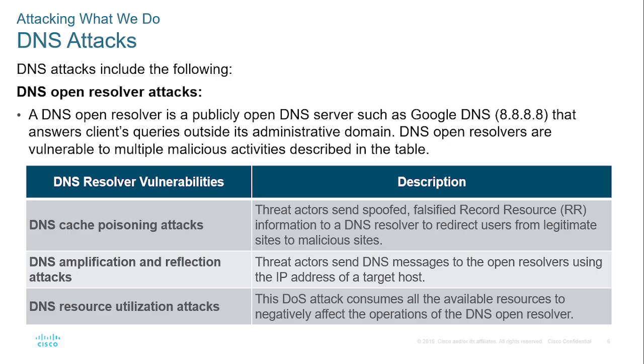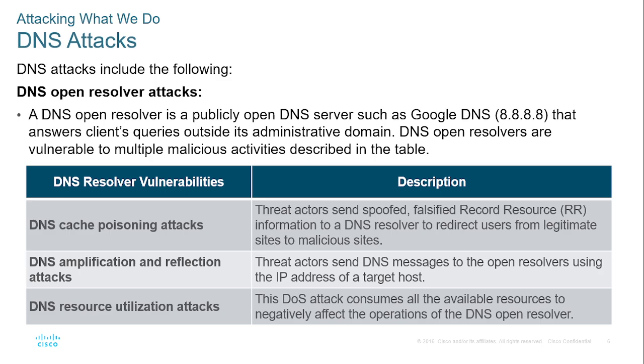And then we also have DNS amplification and reflection attacks, and I think we looked at that some time back, where threat actors send DNS messages to the open resolver using the IP addresses of the target. So the target ends up getting lots of responses that did not originate from the target, but from the threat actor.